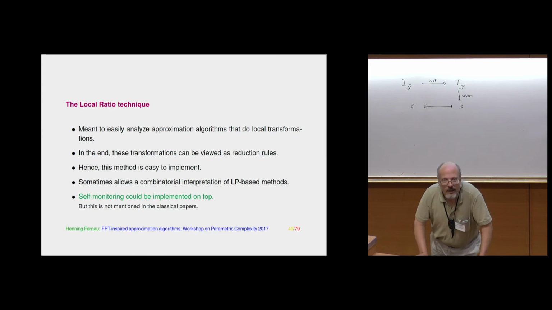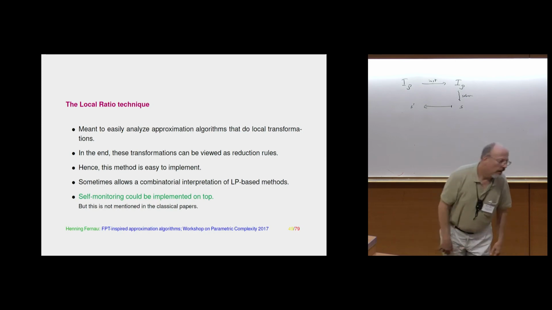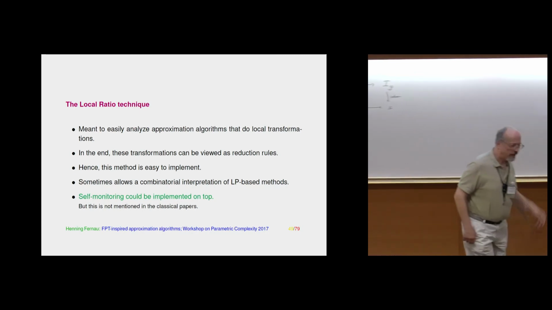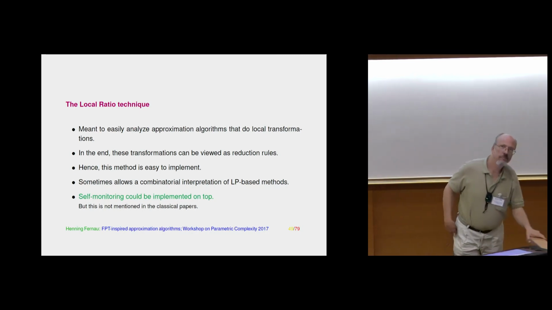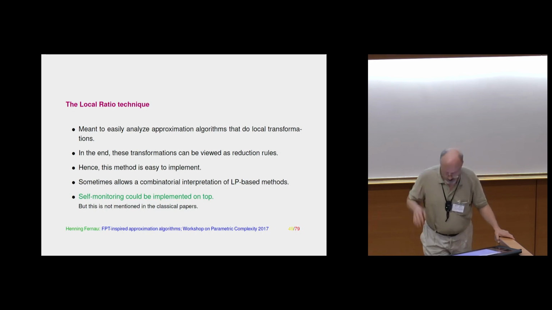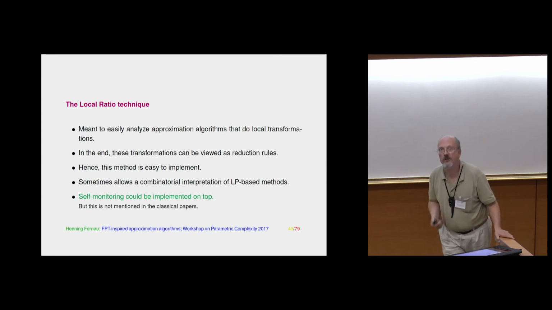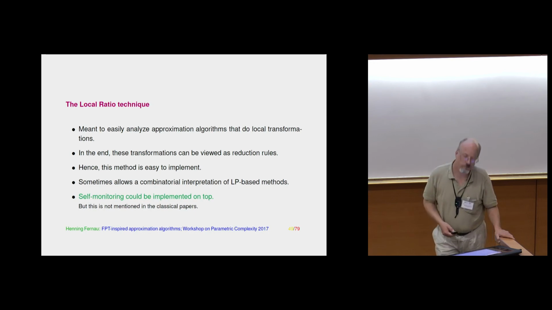So I rather want to see something going on combinatorially. And this is somehow possible with local ratio. Somehow, as I will explain at least a bit. And something which I will explain next time, self-monitoring features of approximation algorithms.